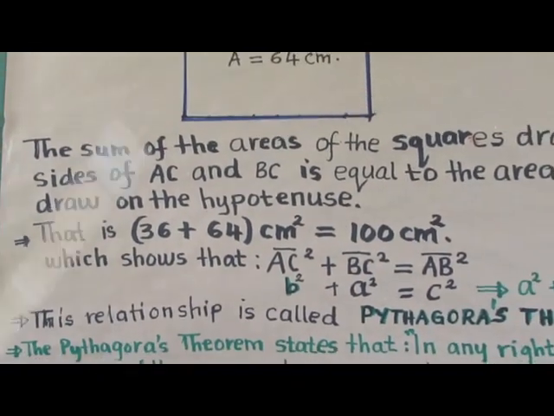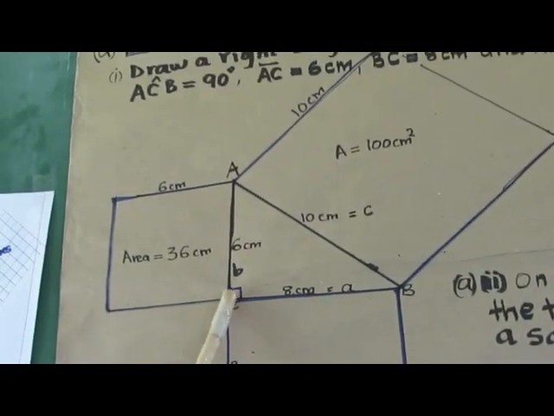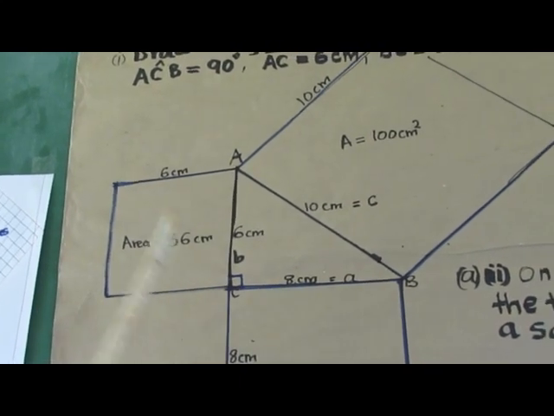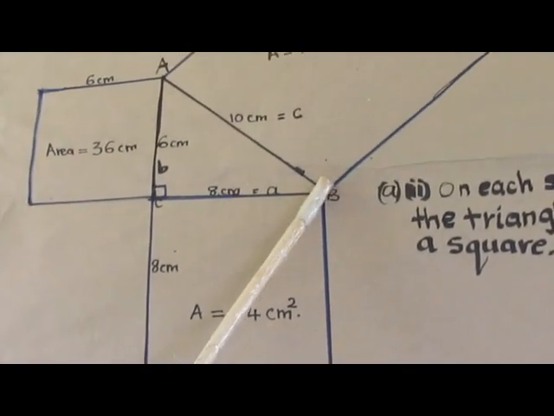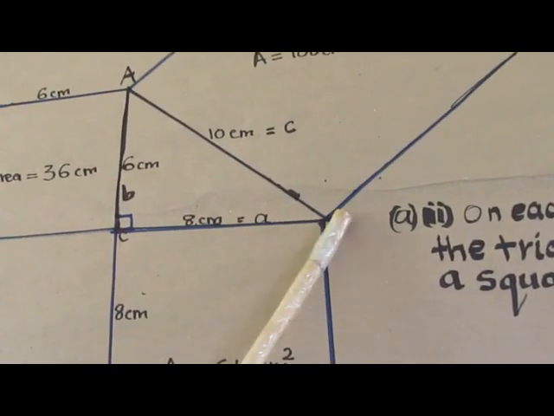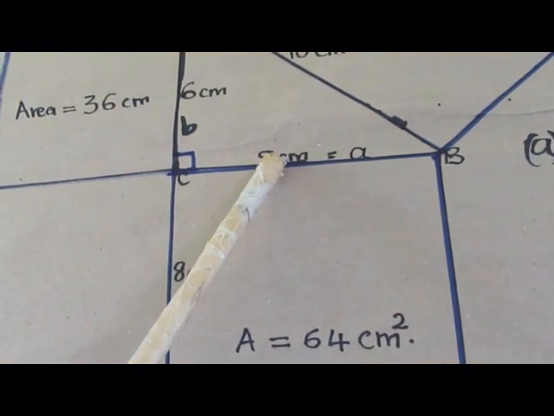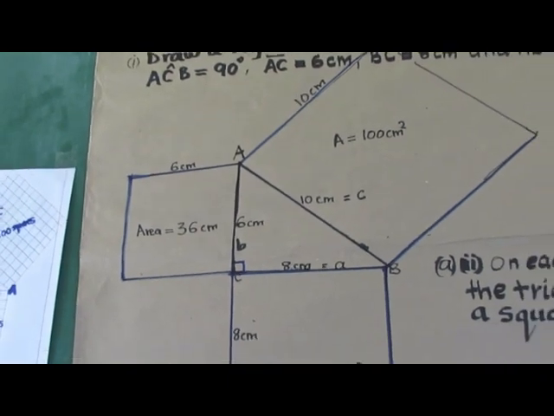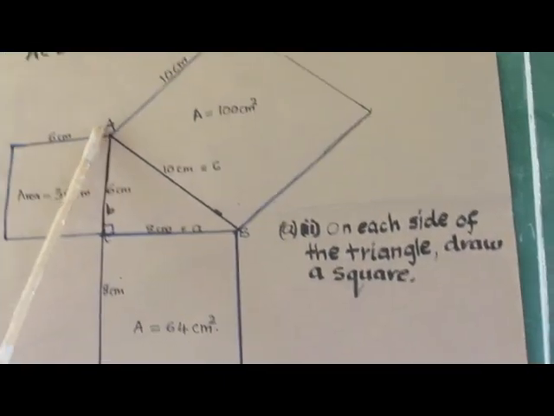Which implies that AC, the height of this triangle, squared, plus BC, the base of this triangle, whose length is 8 centimeters, squared, is equal to AB squared, this side here.